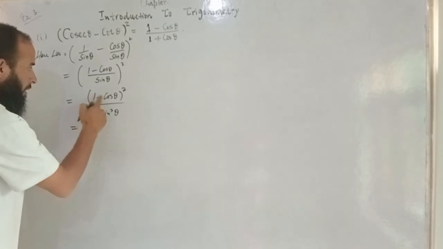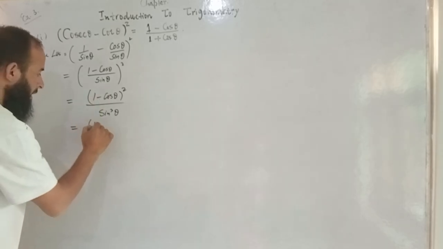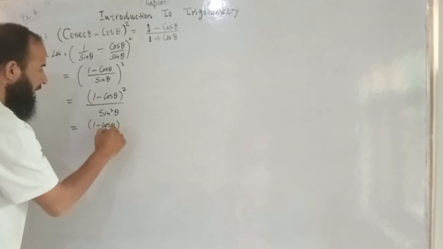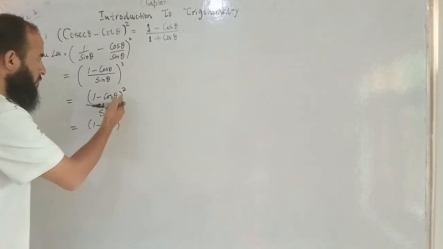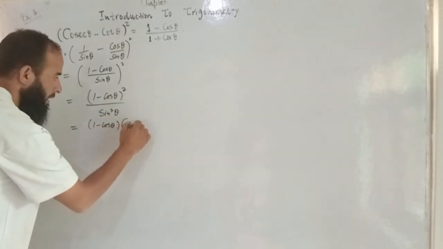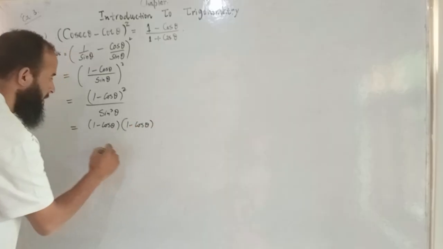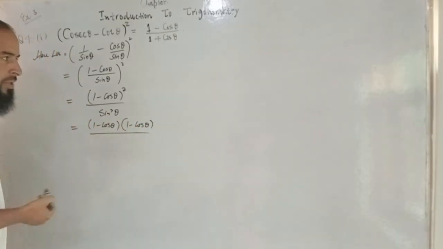Now (1 minus cos theta) whole square is multiplied 2 times, so it can be written as (1 minus cos theta) into (1 minus cos theta) upon sine square theta.